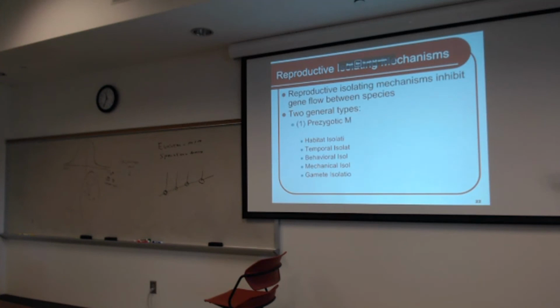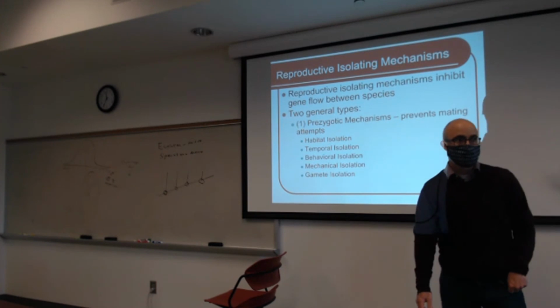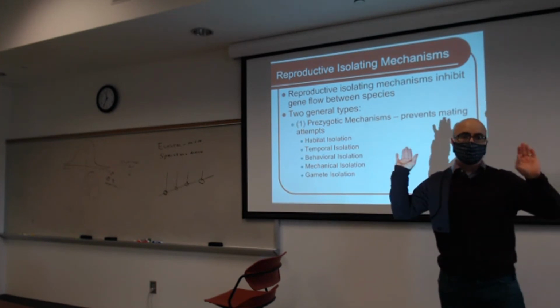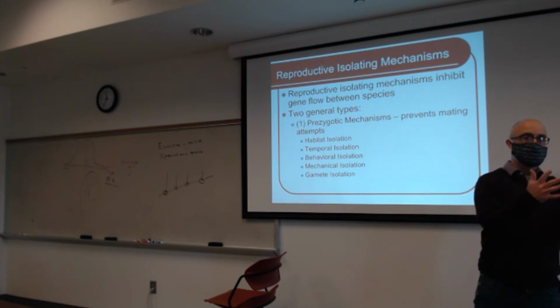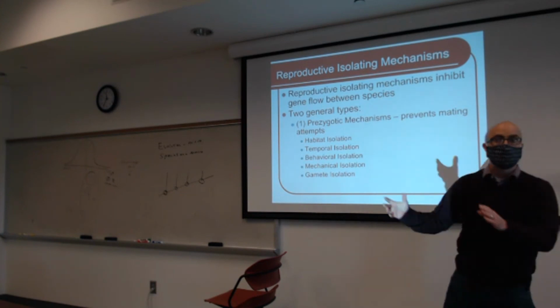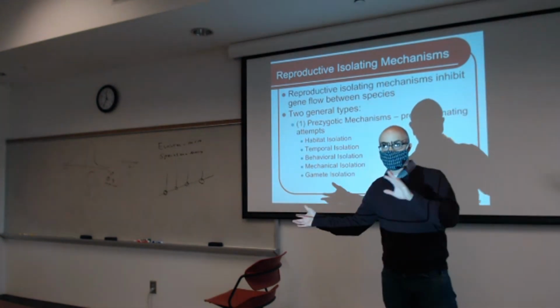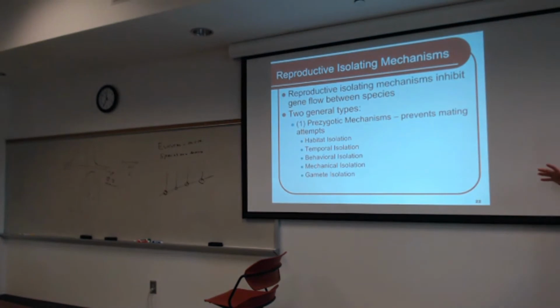Because they are isolated by their habitat use. They don't come in contact with each other, okay? So they're separated by habitat. Their DNA tells them, okay, I'm going to use forest habitats, I'm going to use savanna habitat, therefore we remain separate, okay?